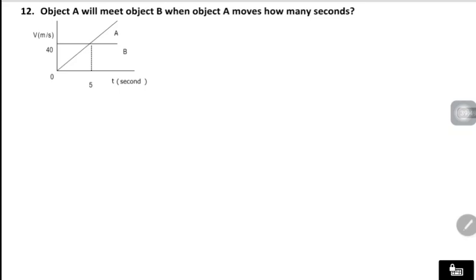Okay, these two objects will meet if the distance at the meeting point is the same, so we write distance A is equal to distance B. The type of motion of A is accelerated, and B is uniform, constant.